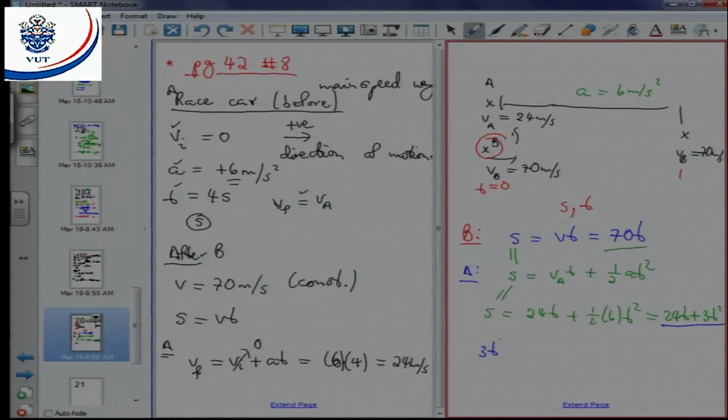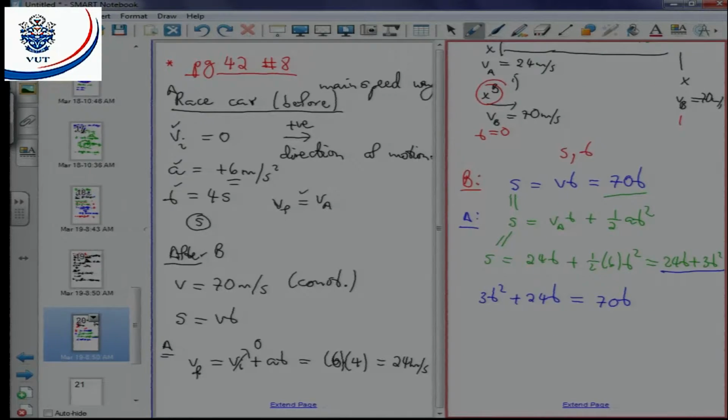So 3T squared plus 24T equals 70T. Simplifying this, we get 3T squared. So 70 taken to the other side is negative, and 24 minus 70 is 46. So let's just see, yes, 46.